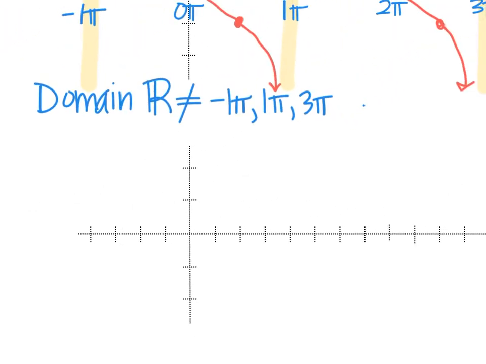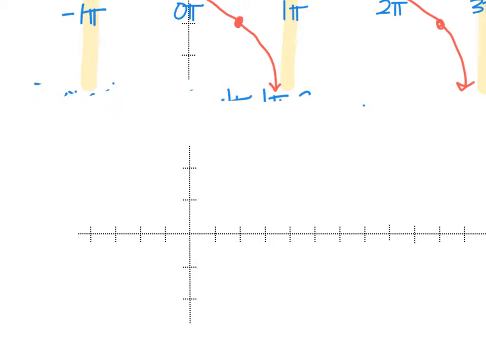Give myself a little room here to work. Okay, and for this one with you guys, I'd like to do y equals 3 cotangent 3x. Okay, 3 cotangent 3x.